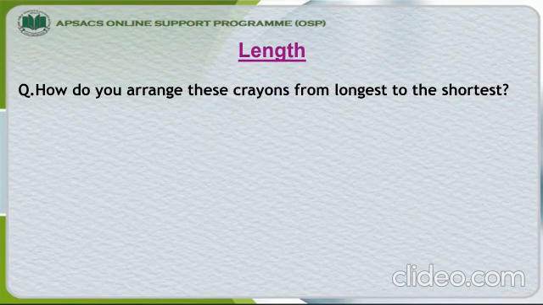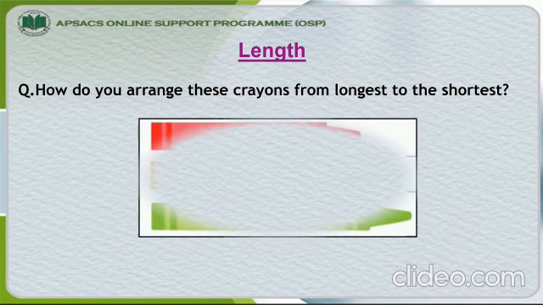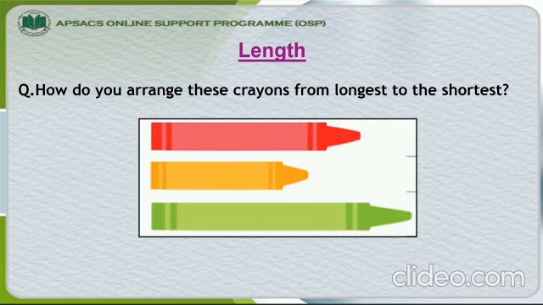Now students, tell me, how do you arrange these crayons from longest to the shortest. Now first you tell me which color crayon is the longest. Yes, the green color crayon is the longest. Okay. Now how many are remaining?